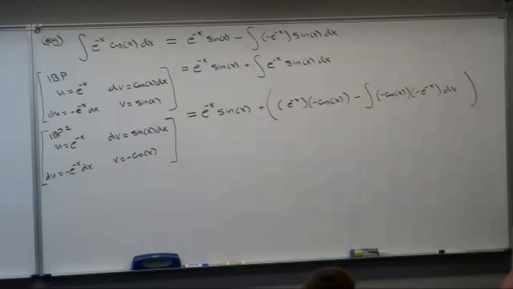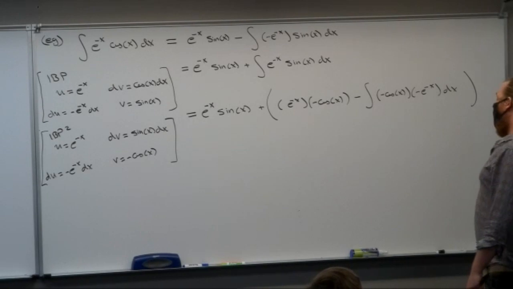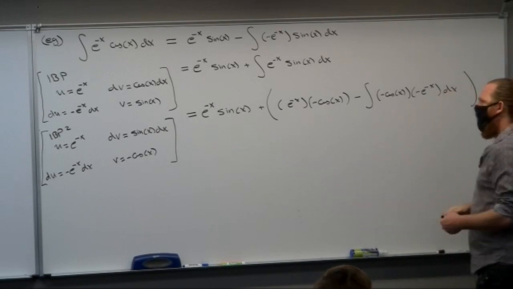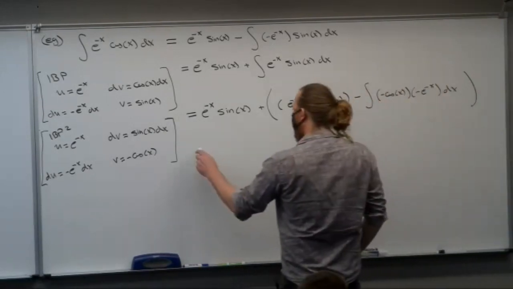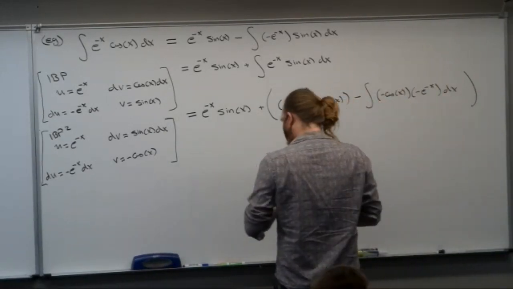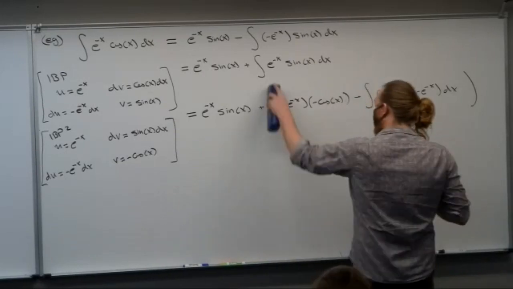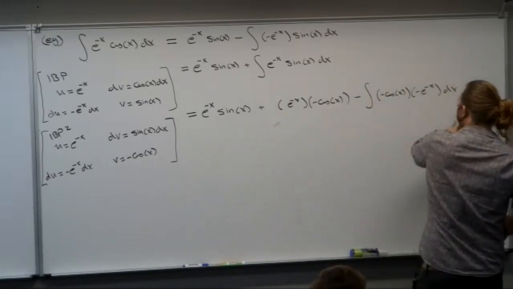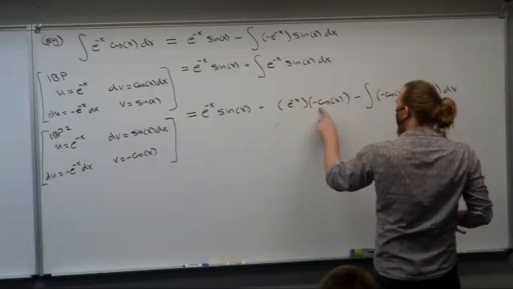So just be mindful. Carry the constants carefully. All right, we got some negatives to clean up. No constants to really be careful about. I'm working on a board, so I get to do this. You have to write a fresh line. Here's a positive times a negative.